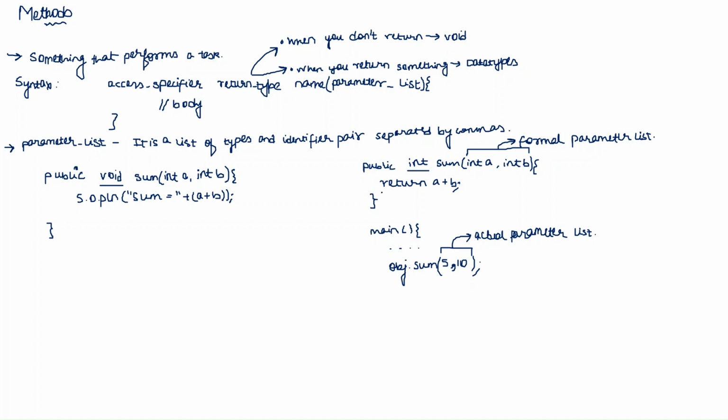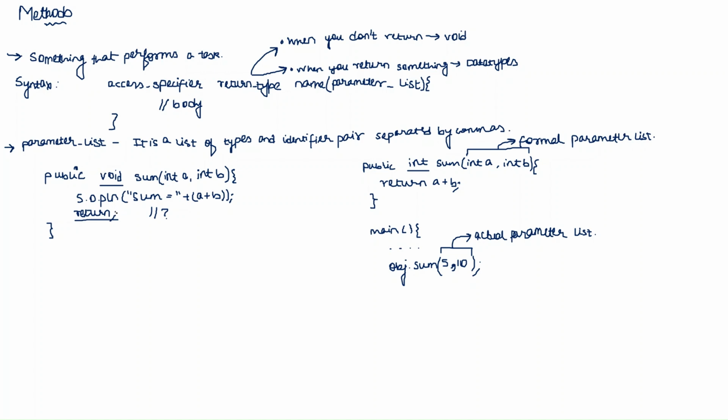Now, many professors in your college or teachers in your school would say that if you're writing void, you can still write a return statement. Is it valid? Will the class compile? Yes, it will compile, because this blank return statement doesn't return anything when the return type of this method is void.